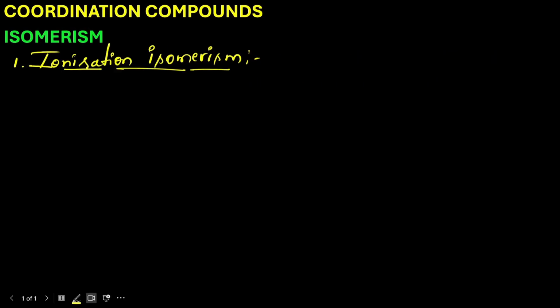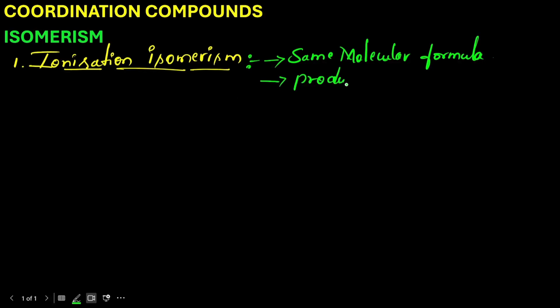Coming to ionization isomerism, here the complex compounds have the same molecular formula but produce different ions in the solution.